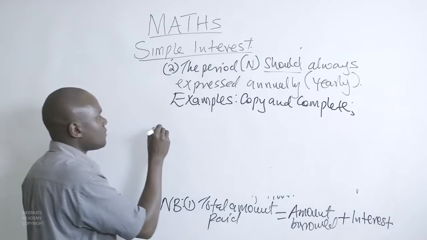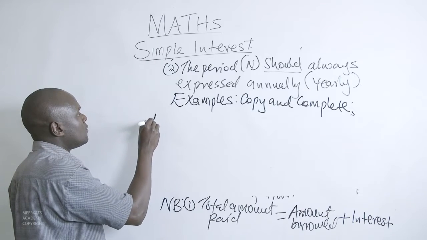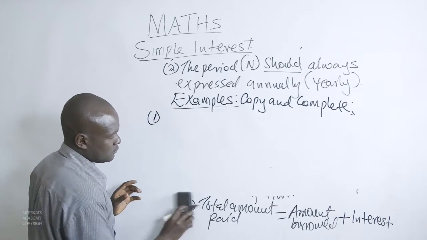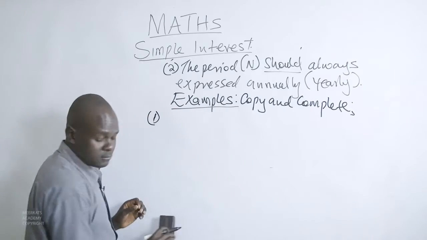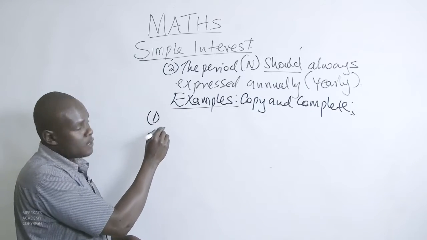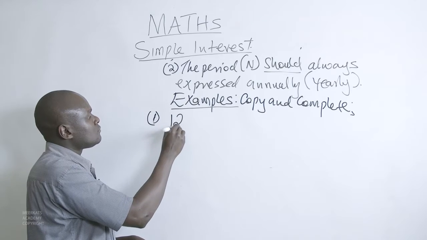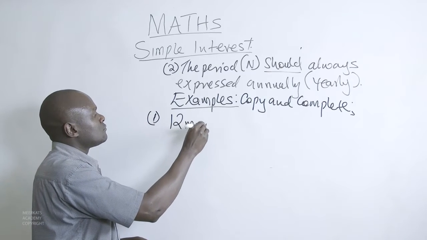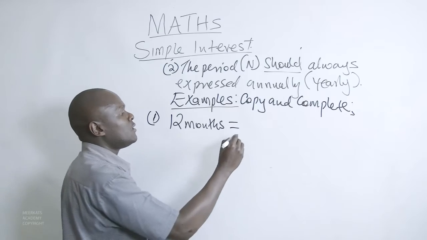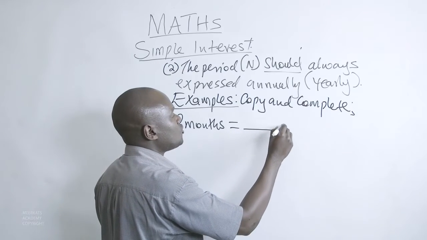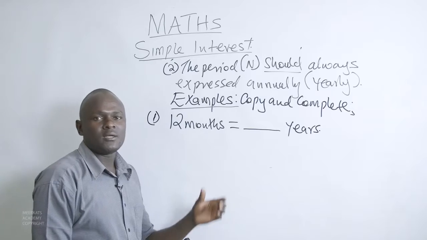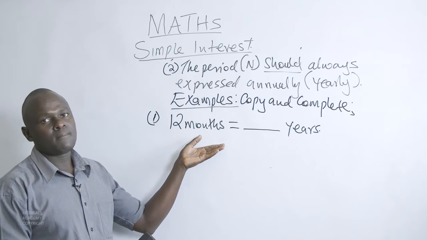Copy and complete. Number 1. 12 months are equal to dash years. 12 months are equal to how many years?